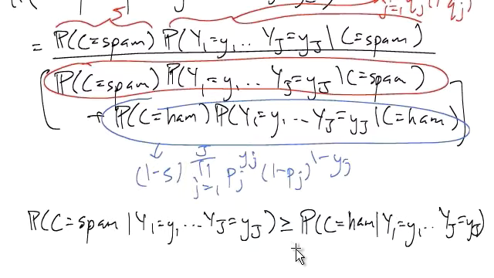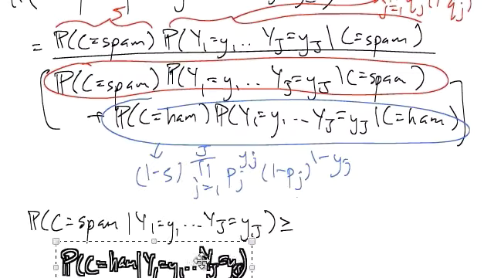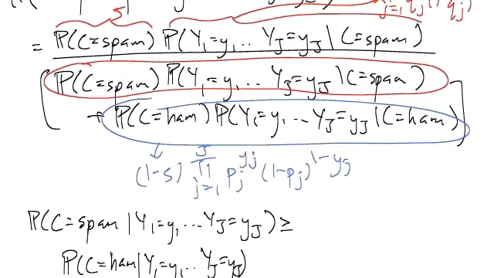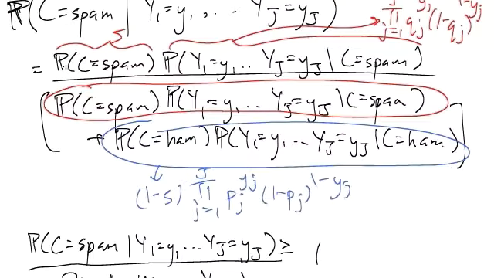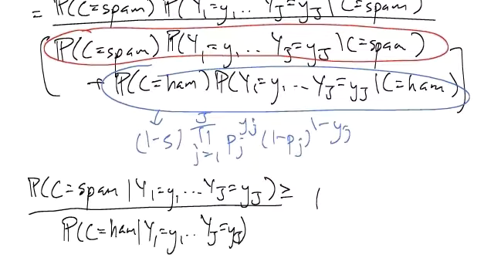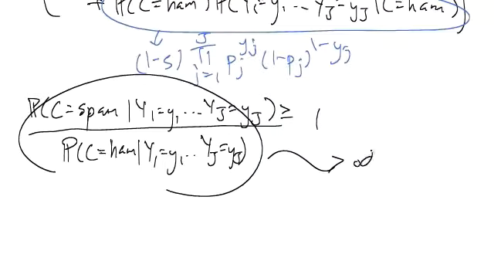That's the same thing as asking for this ratio to be bigger than or equal to 1. If this ratio is bigger than or equal to 1, we declare that C is spam. You'll notice that if we had done the same for ham instead of spam, we'd just get the blue term in the numerator, and the denominator would still be this red term plus this blue term. This ratio is called the odds ratio.